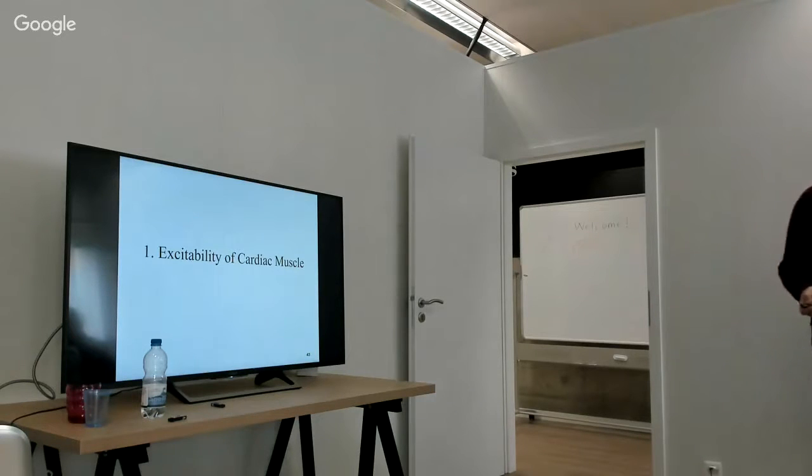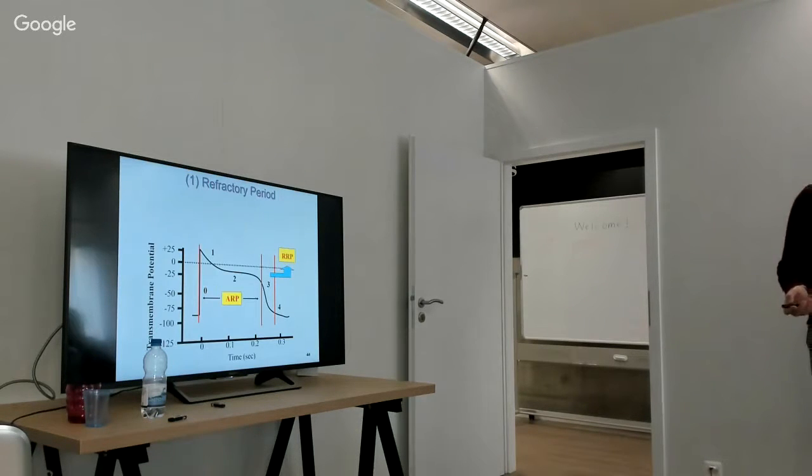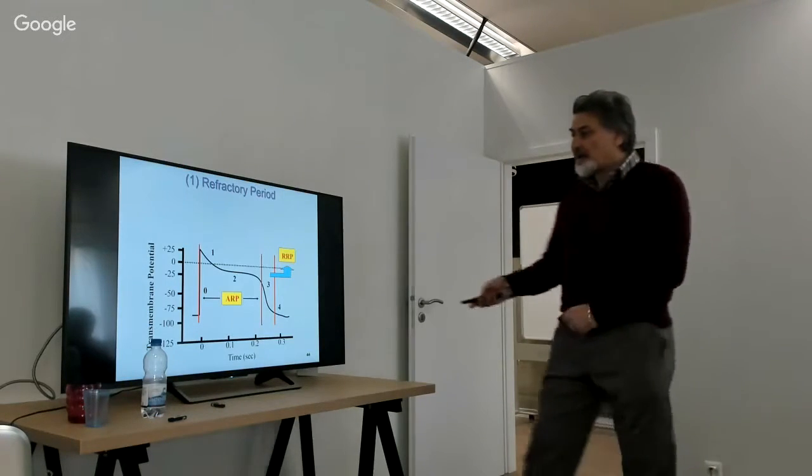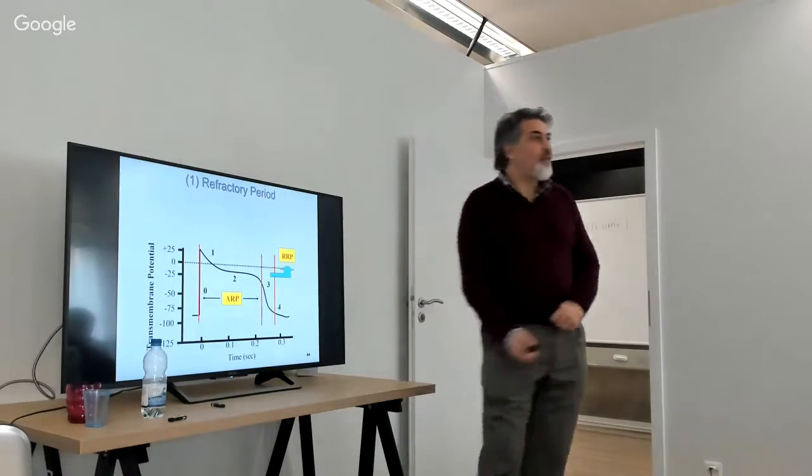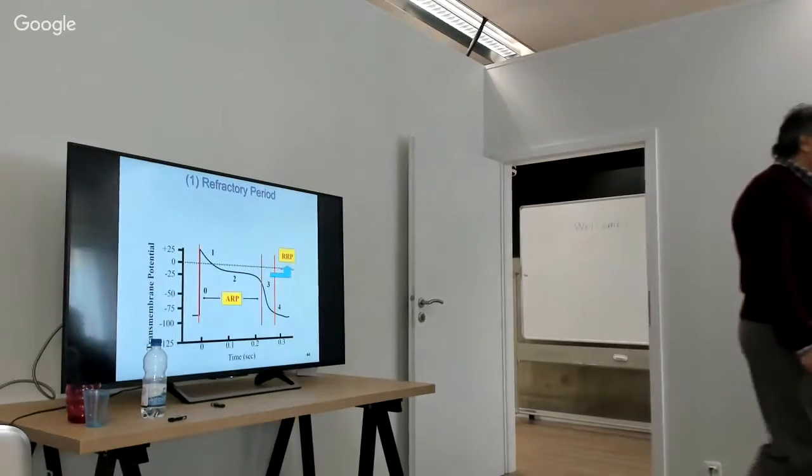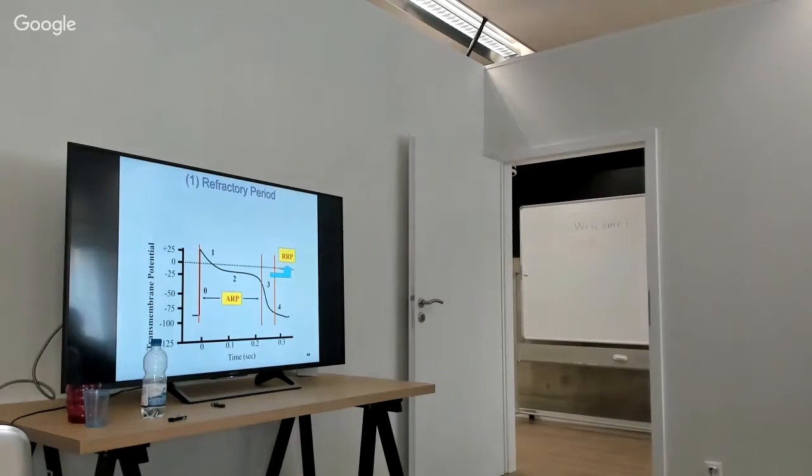Excitability of cardiac muscle. We have said that the cells are excitable in phase 4, but cannot be excited during the action potential because they are in the refractory period.